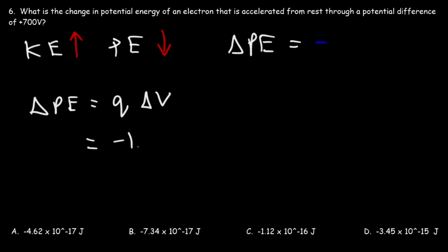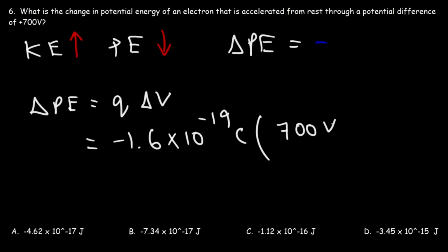Q, the charge of an electron, is negative 1.6 times 10 to the negative 19 coulombs. And the voltage is the potential difference of 700 volts. So you can write that as 700 volts, or you can replace the unit volt with joules per coulomb.